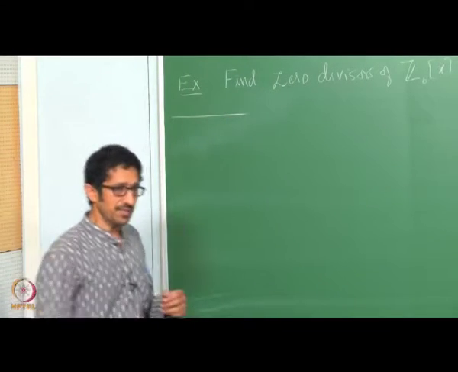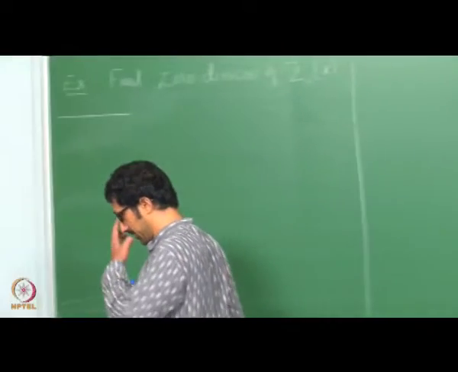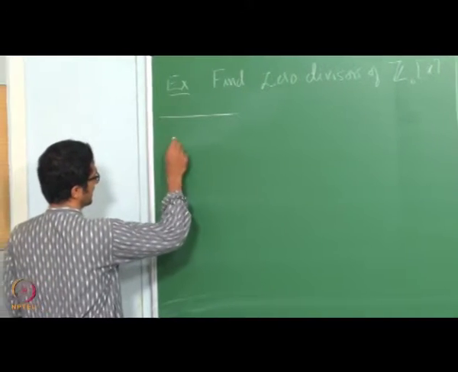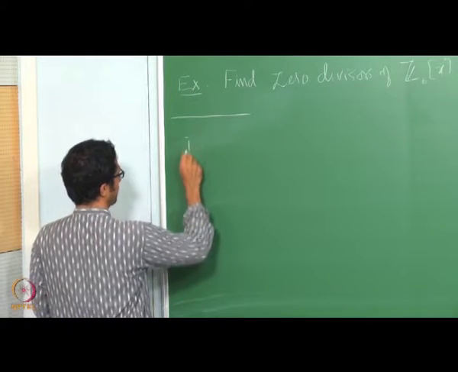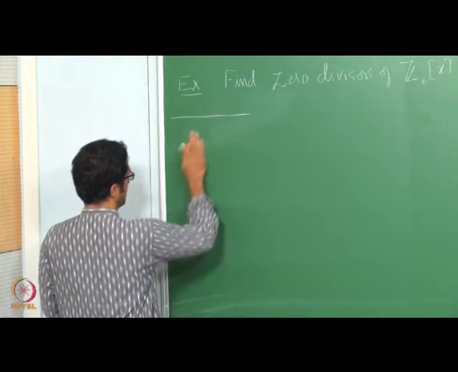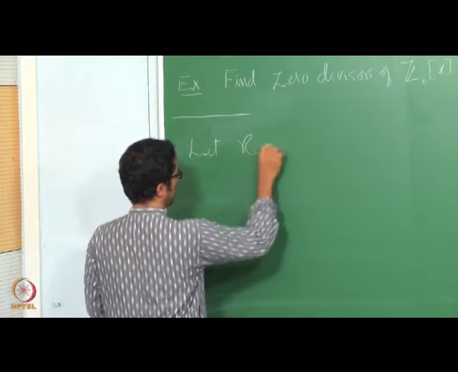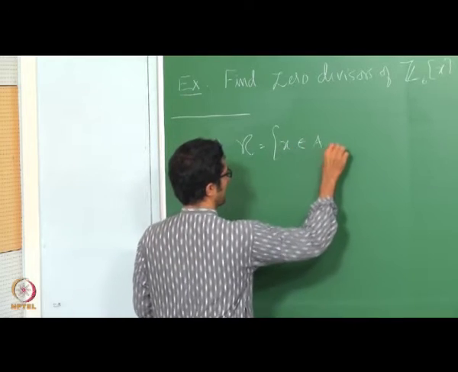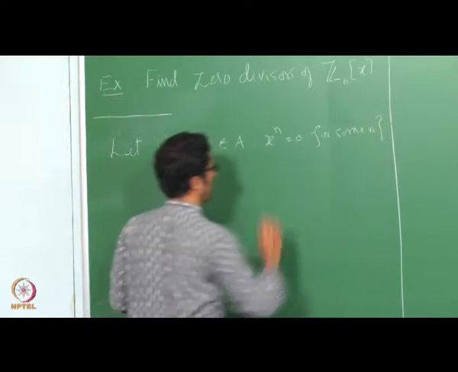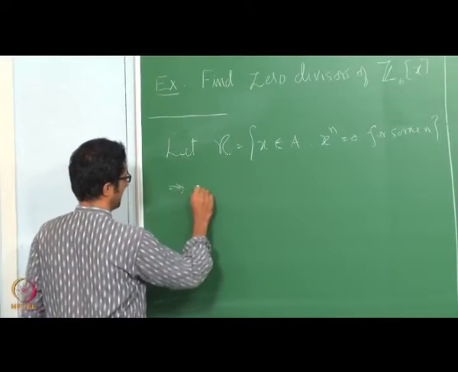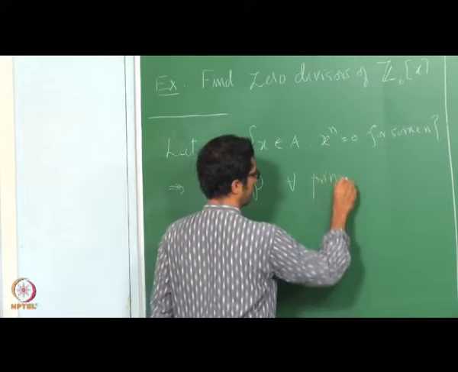So we were talking about the nil radical, that is the set of all nilpotent elements. Last time we proved that if N is the collection of all x in A such that x power n is 0 for some n, then this is contained in P for all prime ideals.